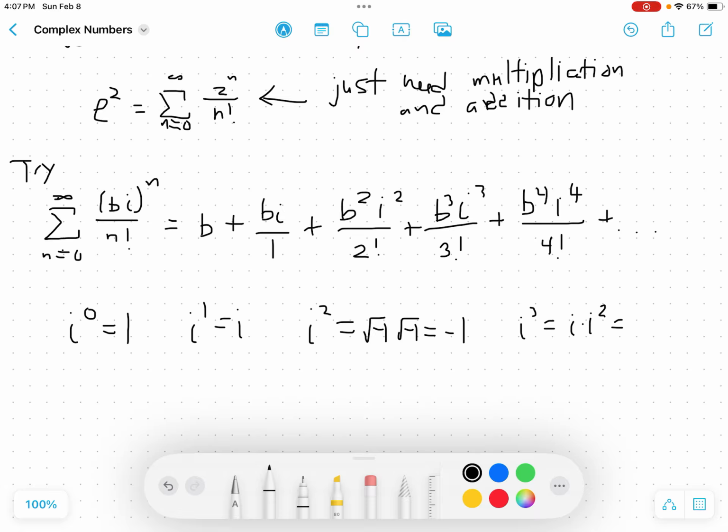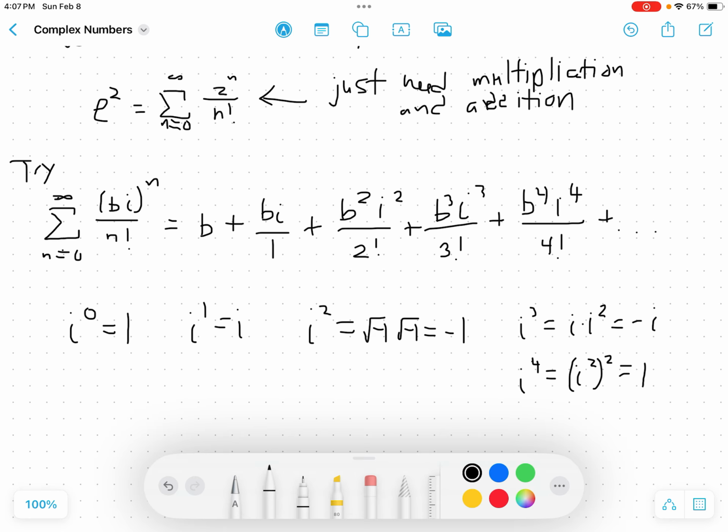We know i squared is negative 1, so this should get me negative i. And then i to the 4th power, that's the same thing as i squared squared, which is negative 1 squared, which is 1. We've looped back around. As we keep on adding more powers, we're going to keep on cycling through this pattern of 1, i, negative 1, negative i.